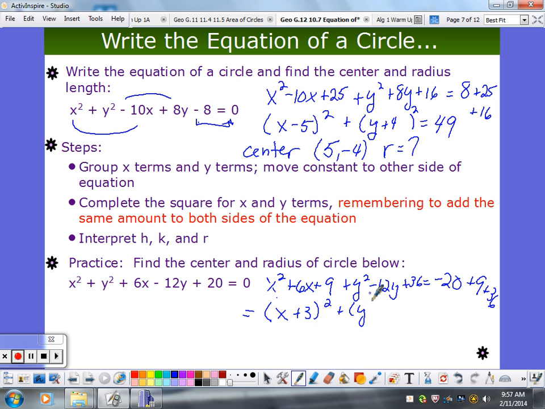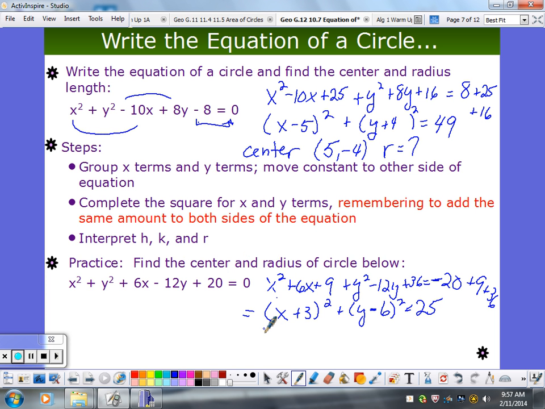Well, remember this is a minus? That's a minus, right? Because you have a plus 20 here, so it's a minus there.